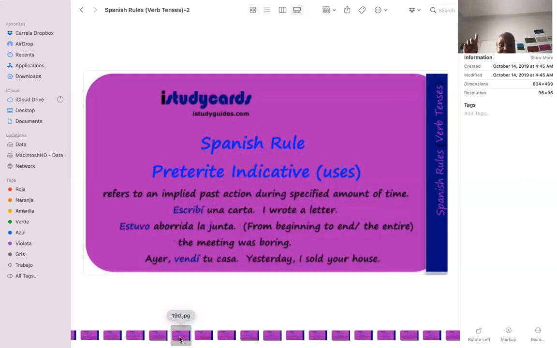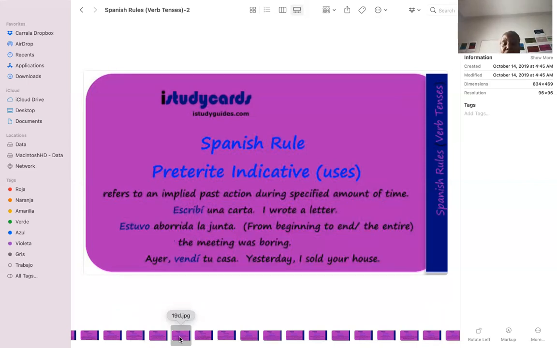Sorry, thinking in English. The reason I had a slight brain freeze is that sometimes you can put the subject at the end in Spanish. So, estuvo aburrida la junta. In English, you would say, la junta estuvo aburrida.